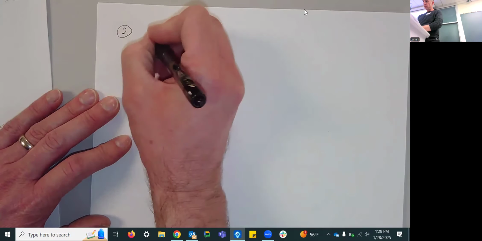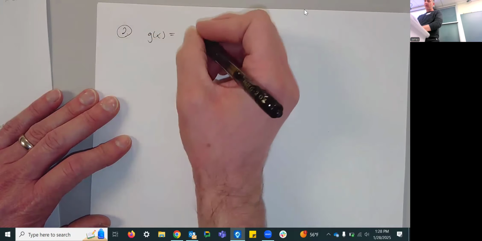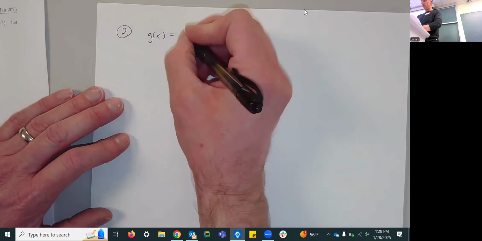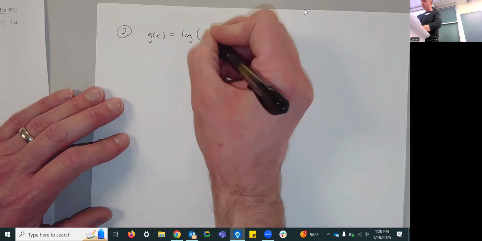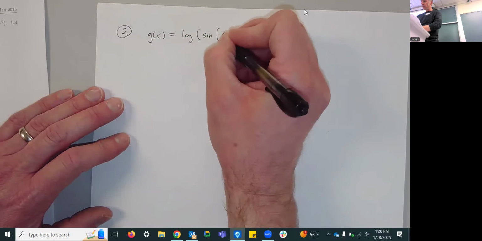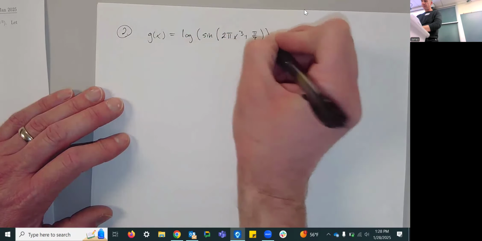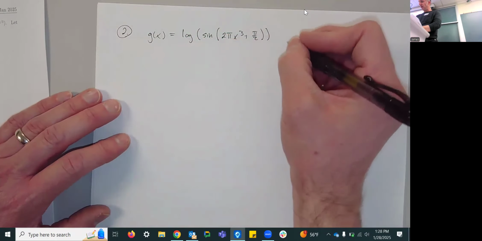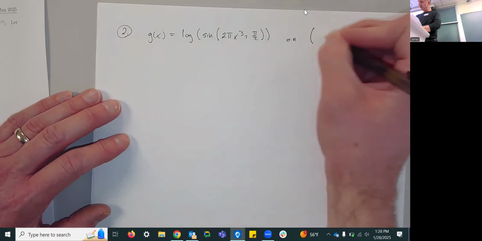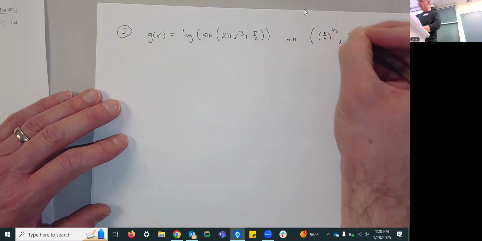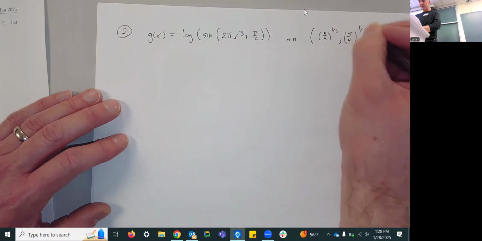Consider the function g of x equal to, oh, I know what it was. I was writing on the practice exam. That's where it is. So we have g of x equal to the log of sine of 2 pi x cubed plus pi over 2, on the interval from 3/4 to the 1/3 power, comma, 5/4 to the 1/3 power.